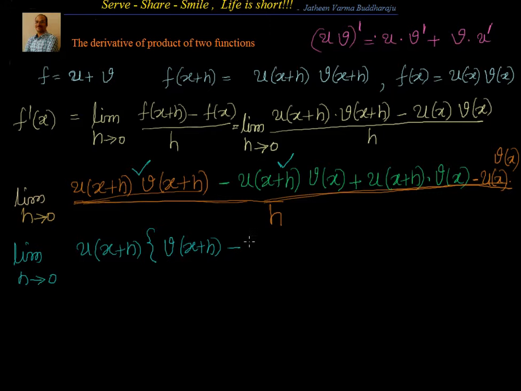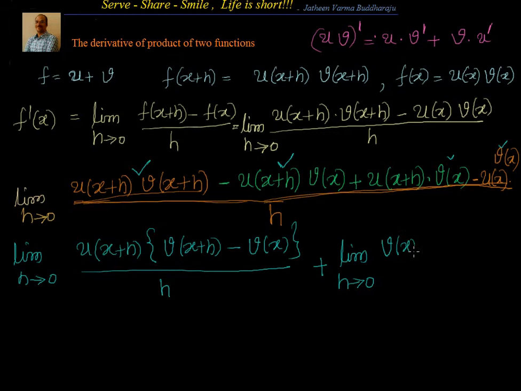So if I take that out, I will have v of x divided by h, plus, again limit h tends to 0. Now you can see the remaining two terms in which v of x is common. So I can say v of x into u of x plus h minus u of x divided by h.